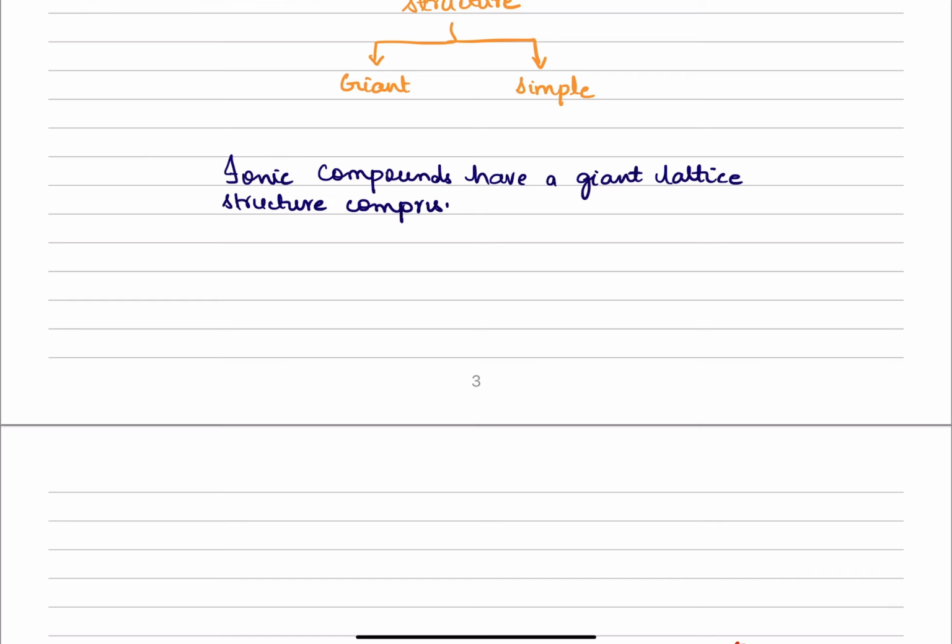comprising of a regular arrangement of alternating positive and negative ions.